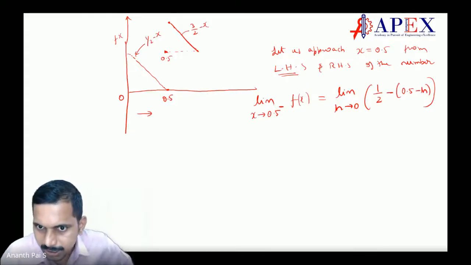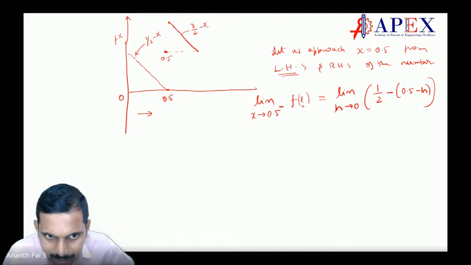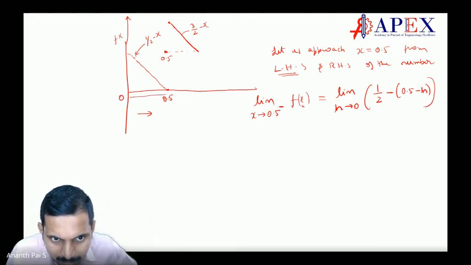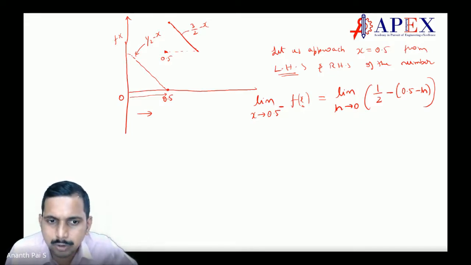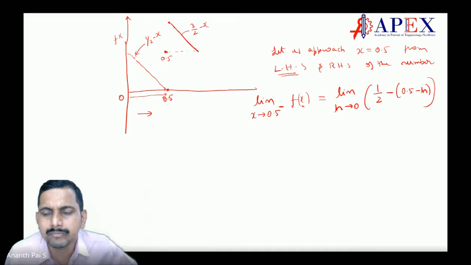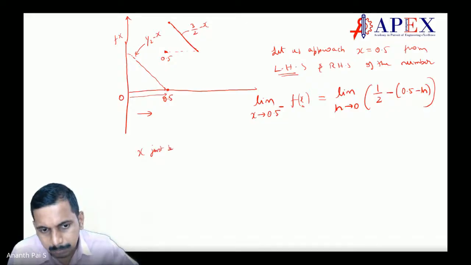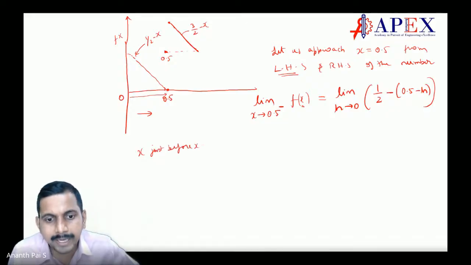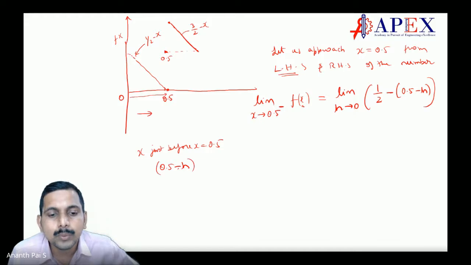See, 0.5 minus h, instead of x. What is the x value here? 0.5. What is x just before 0.5? It is 0.5 minus h, where h is almost equal to 0. Make sense?